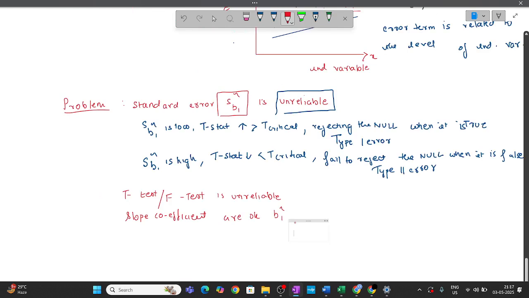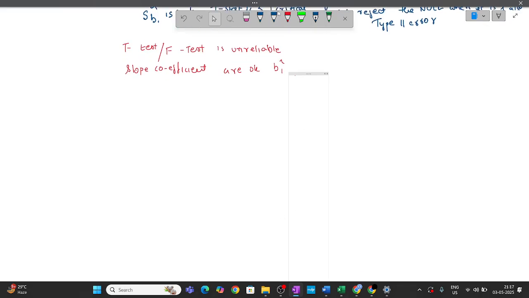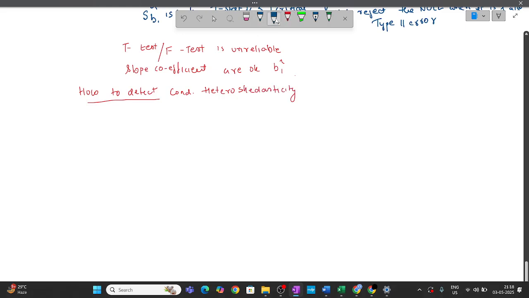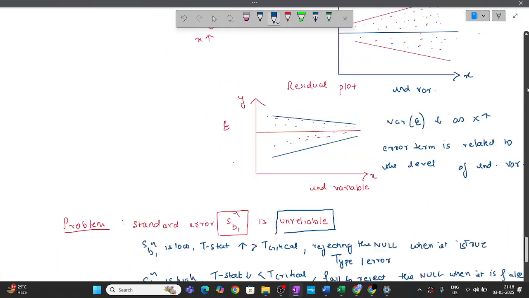No, sir. अच्छा, नाउ हाउ टू डिटेक्ट दिस, next is how to detect. क्वेश्चन कर लोगे इसके बेसिस पे, how to detect conditional heteroscedasticity. First is you look at the residual plot, ये रेसिडुअल प्लॉट देख लो.